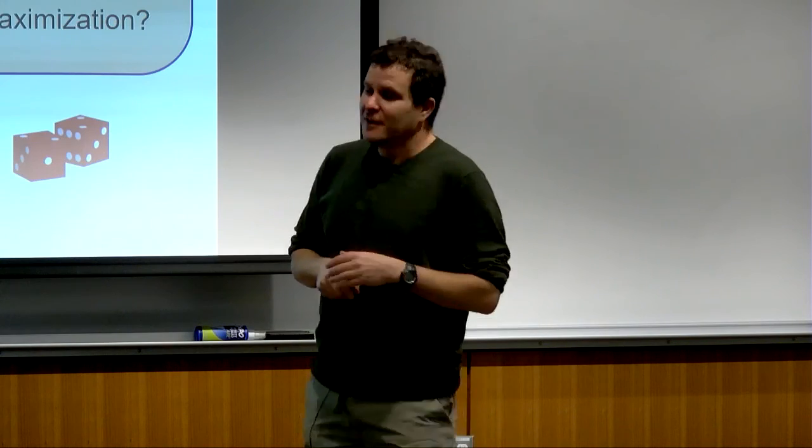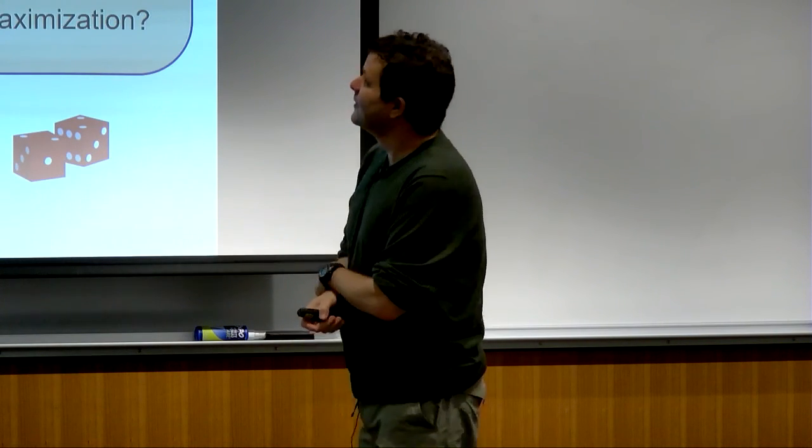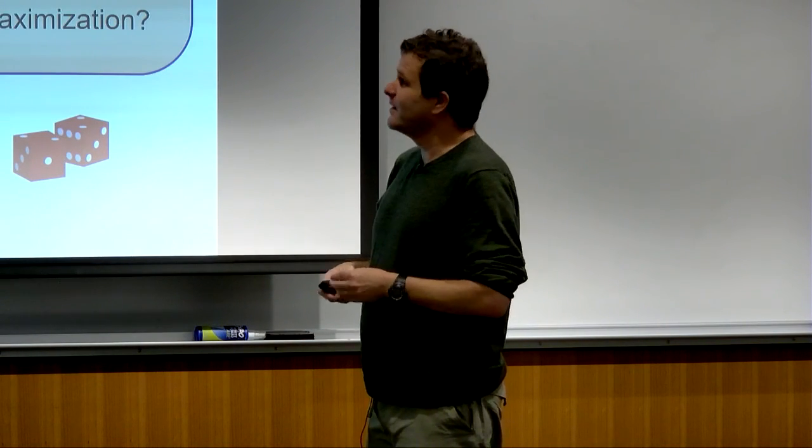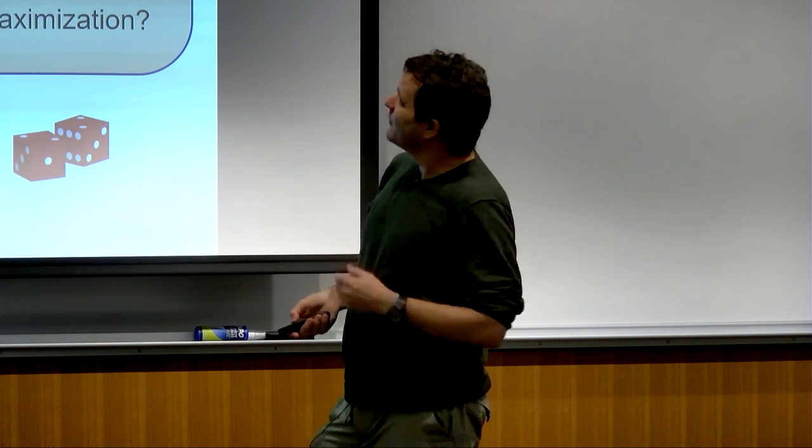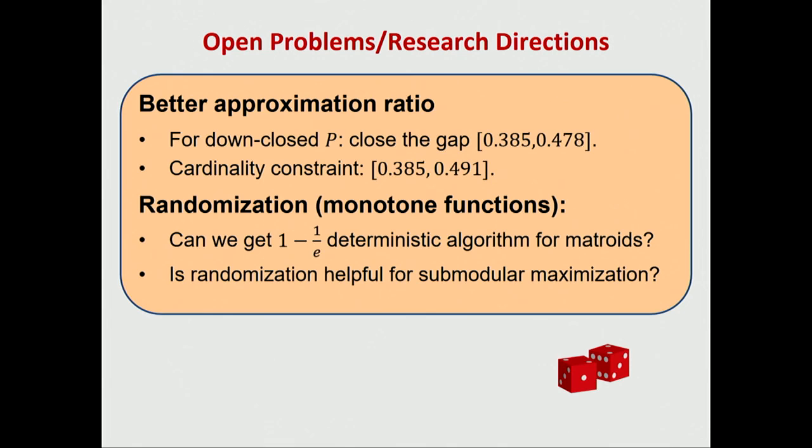So there are lots of open questions here, and these should be answered by now, I think. First, the best approximation: for monotone functions, we know the answer, but for non-monotone functions and down-closed polytopes, there is still a gap, quite large. These are in percentages.